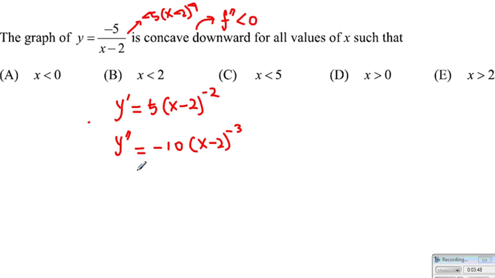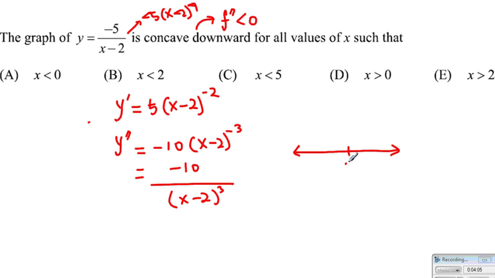If you want to write this in fractional format, we end up getting negative 10 over x minus 2 to the 3 power. Of course, this will never be equal to 0, but where this one is not defined is when x is equal to 2. So for example, if you had to use a number above 2, such as, how about 3?